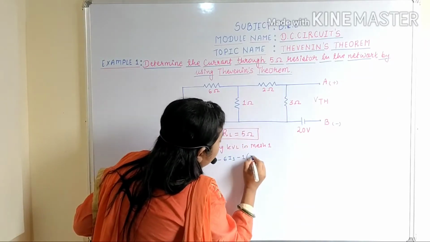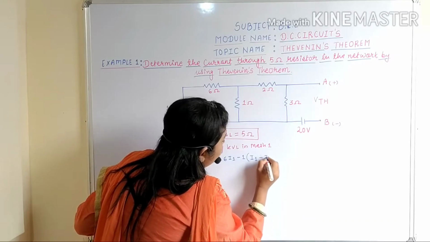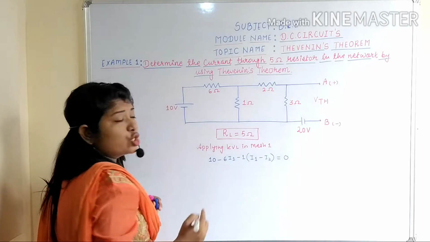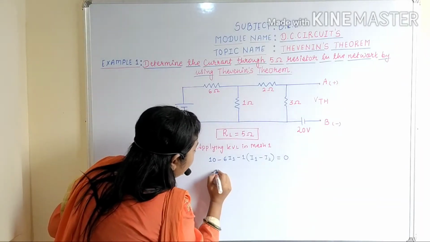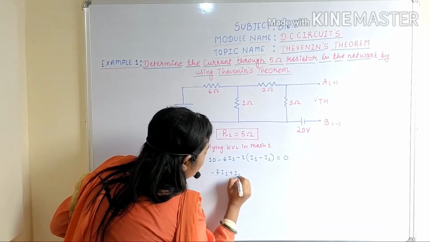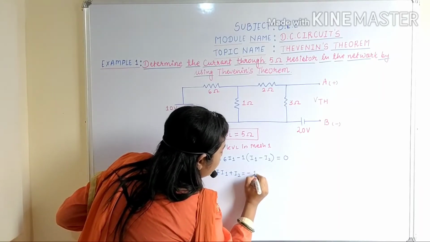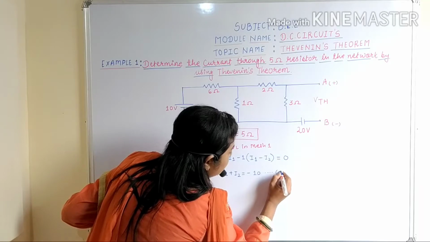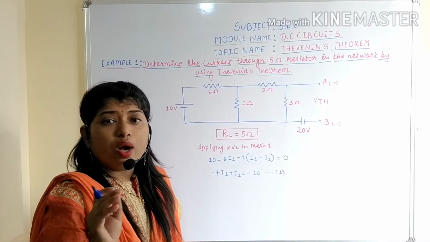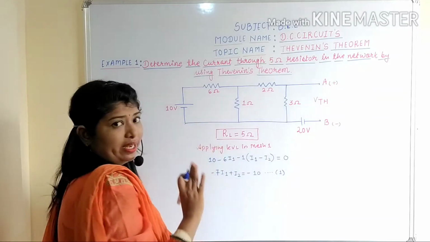So what would be the current flowing through this? I1 minus I2 is equal to 0. After solving this equation, you will get minus 7I1 plus I2 is equal to minus 10. Let's consider this as equation number 1. I hope you have understood how to apply KVL in mesh 1.